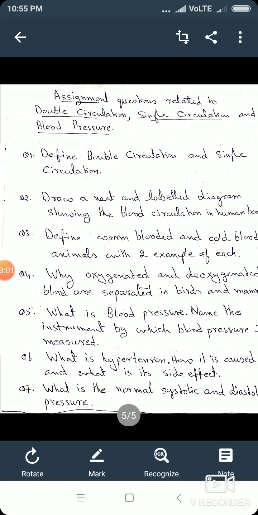Next question, what is hypertension? How is it caused and what is its side effect? Question number 7, what is the normal systolic and diastolic pressure? So thank you students.